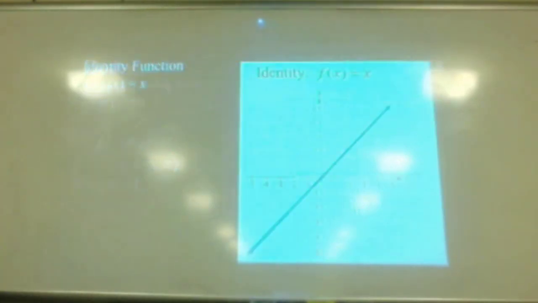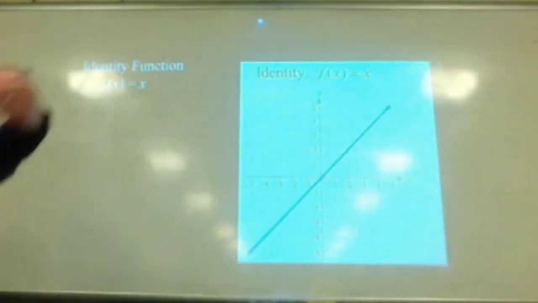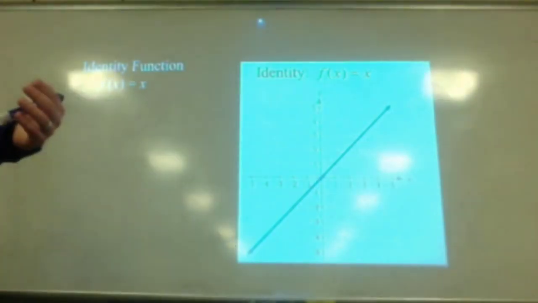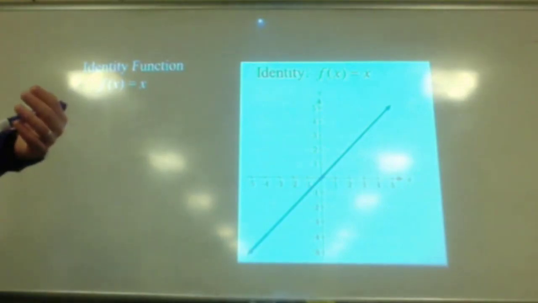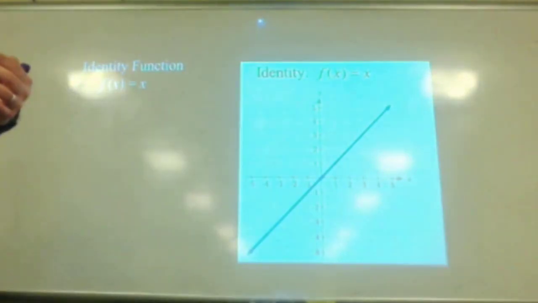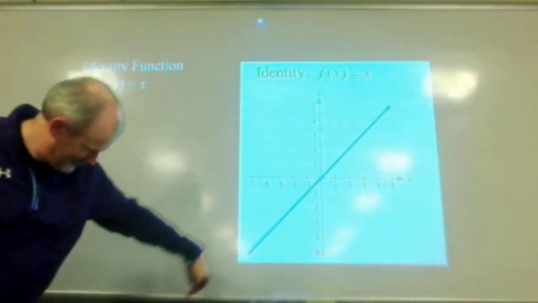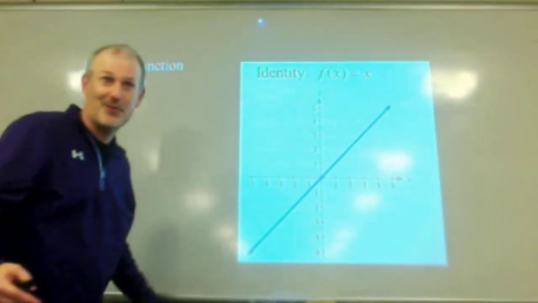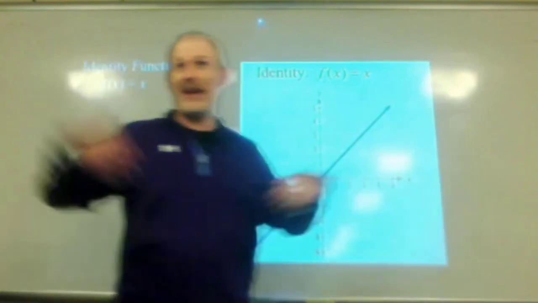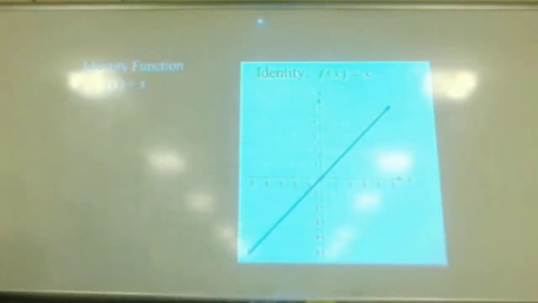So then we had this one, the identity function. So when we think about domain, left and right, what do you think? How far to the left? Infinity, right? Keeps going. How far to the right? Infinity. So negative infinity to positive infinity again. Now, how about up and down?